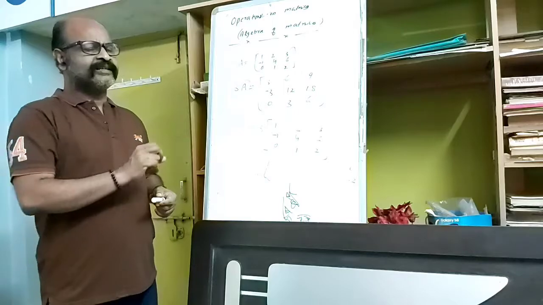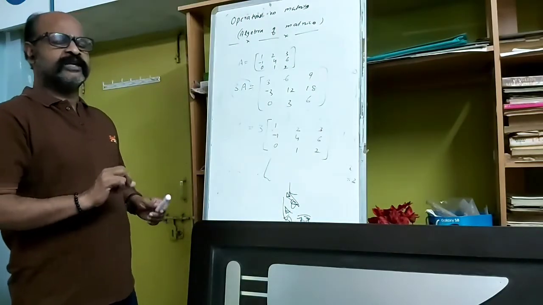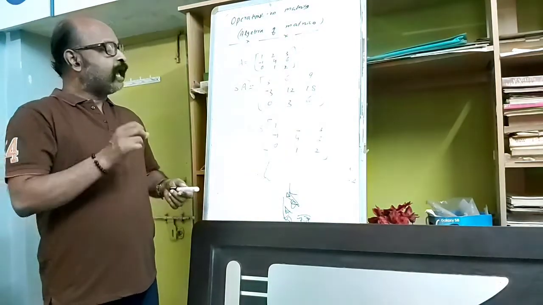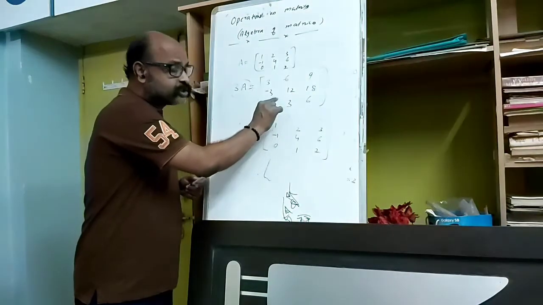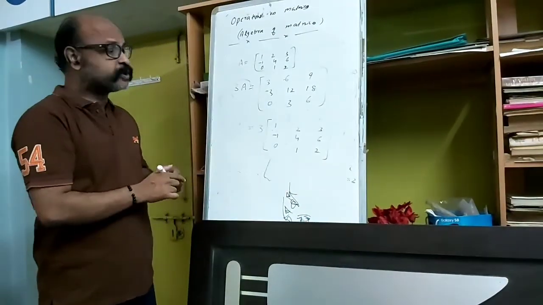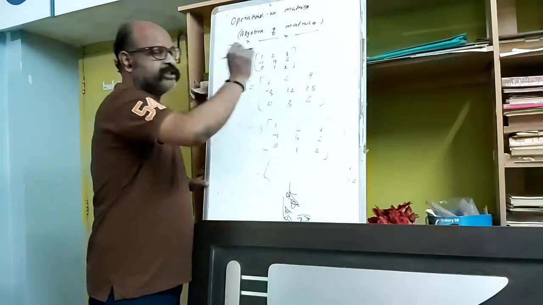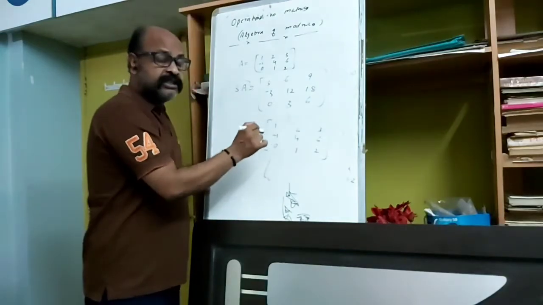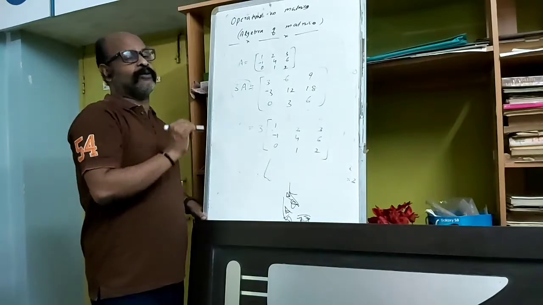Just remember this much now: a determinant also has rows and columns. When you come to a matrix, that constant is common to each and every element. If there are 3 rows, the constant is common to all the 3 rows. Since there are 3 columns, the constant 3 is common to all the 3 columns, then only it can be taken outside.